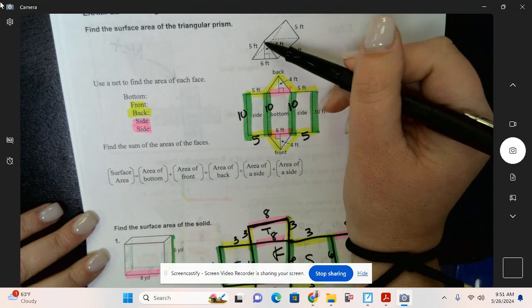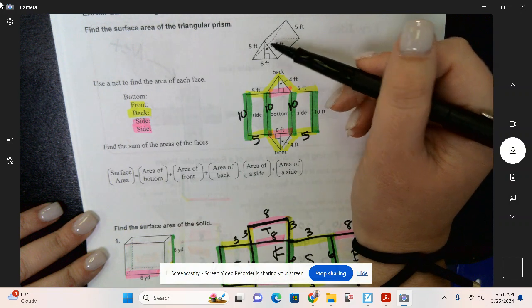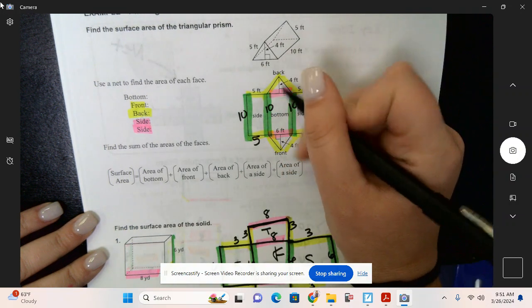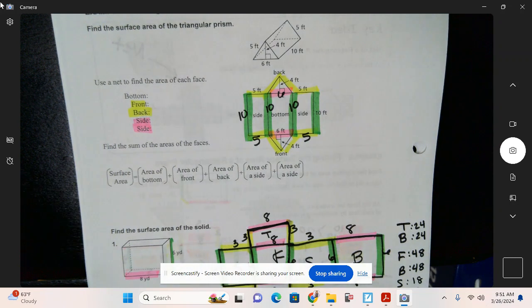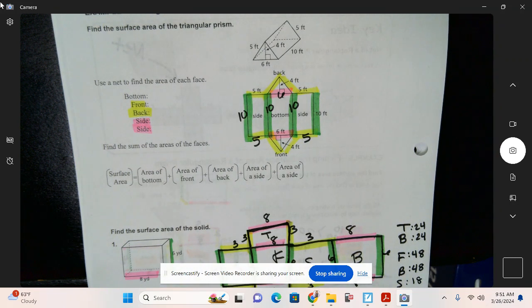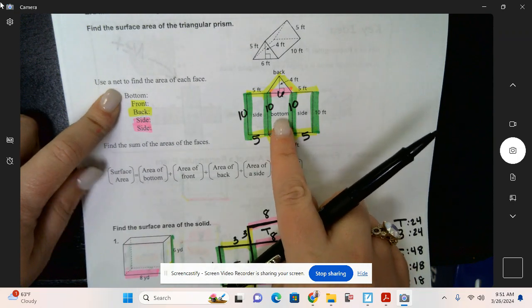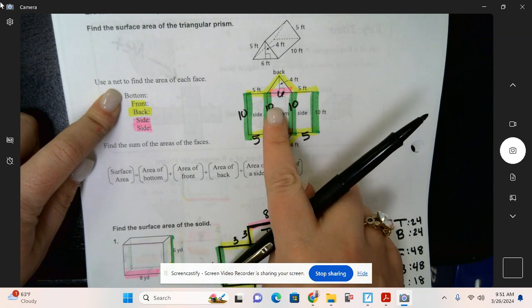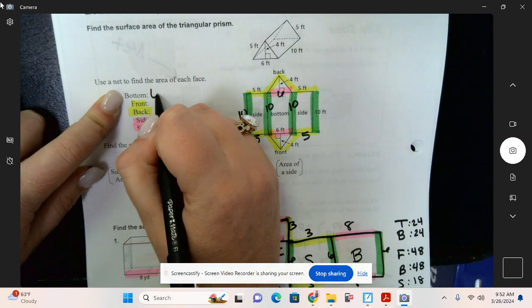The 4 is the height of the triangle. So those stay as 4, but the base of your triangle is going to be 6. And then we find the area of each one. Okay, I'm going to start with the bottom because that's first on my list. The bottom is a rectangle, so it's 10 by 6, which is 60.